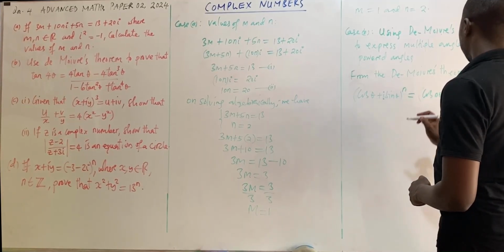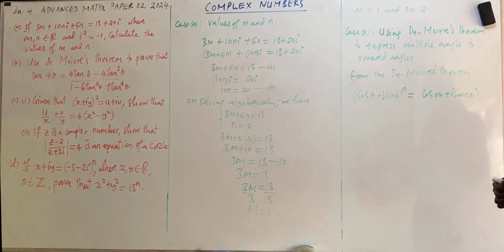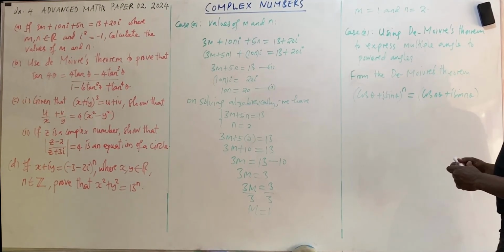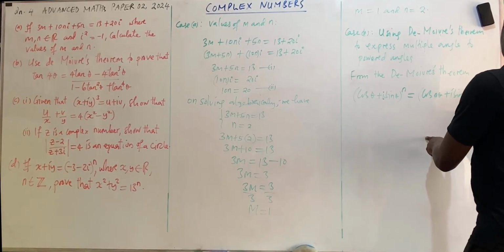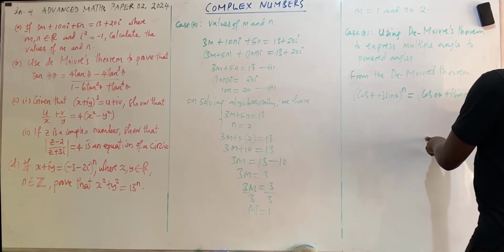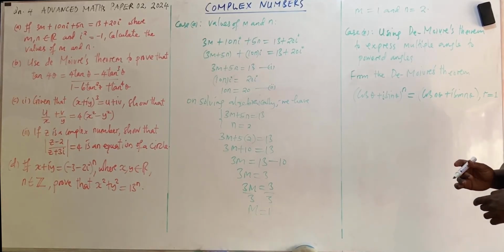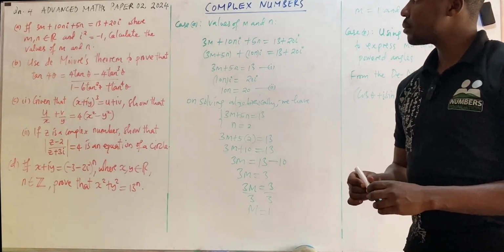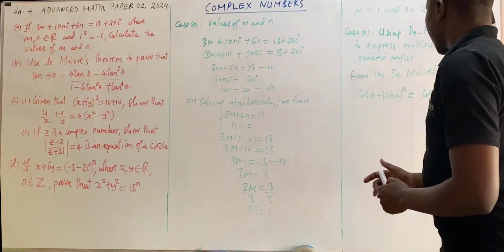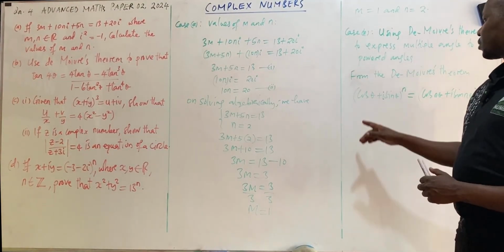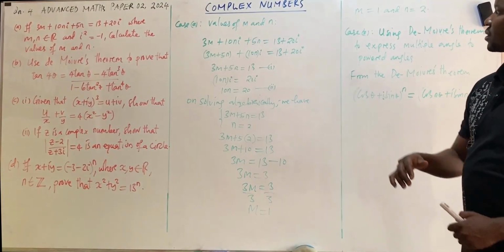So that's the concept of the Moivre theorem. Here, provided r equals 1 unit, r we normally note in complex numbers as the modulus of the complex number. And this theta here, we normally consider it as the argument of that complex number, the angle.